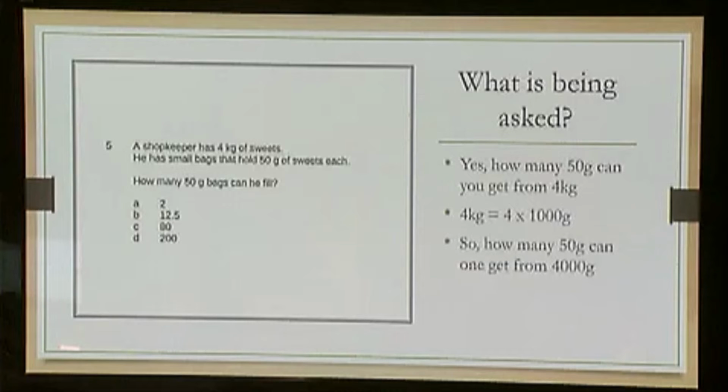So how many 50 grams can we get from 4,000 grams? This calls for the skill of division. So we're dividing 4,000 grams by 50 grams, which gives us 80. So the answer would be 80 50-gram bags. All right.